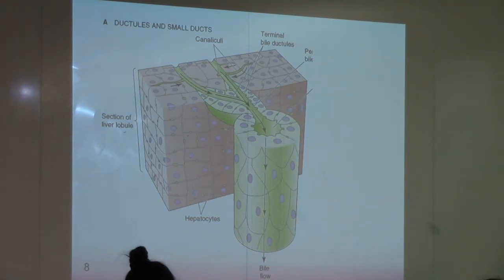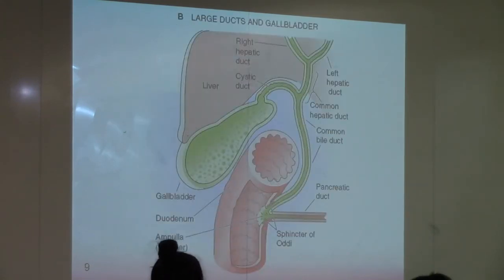Remember, there's the right and the left hepatic duct that then become the common hepatic duct, which merges with the cystic duct, which becomes the common bile duct, which is going to bring bile to the small intestine. This bile is going to go into the small intestine. What's it good for? It's good for the digestion of fat. So that's where we're going now, the digestion of fat.